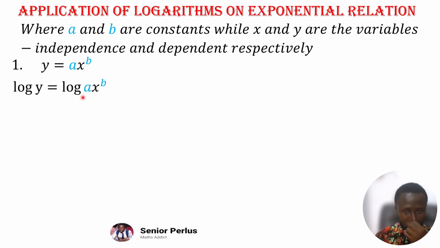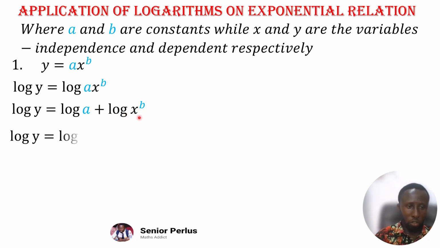So log of a x can use the product rule. So it's like log a plus log x to the power n. That's the product rule for expansion here. Good. And this one is the power rule. So the b has to come here because there's a power here.